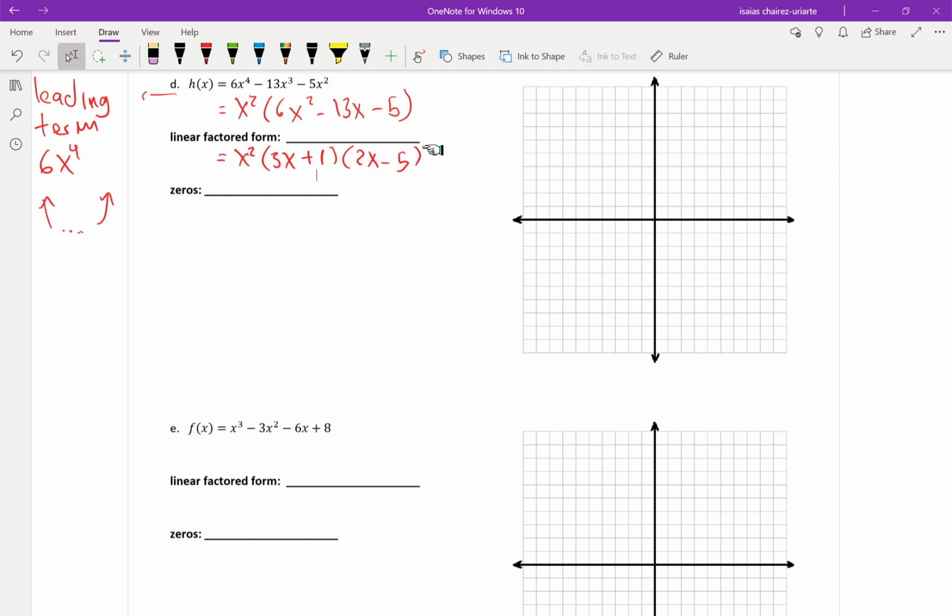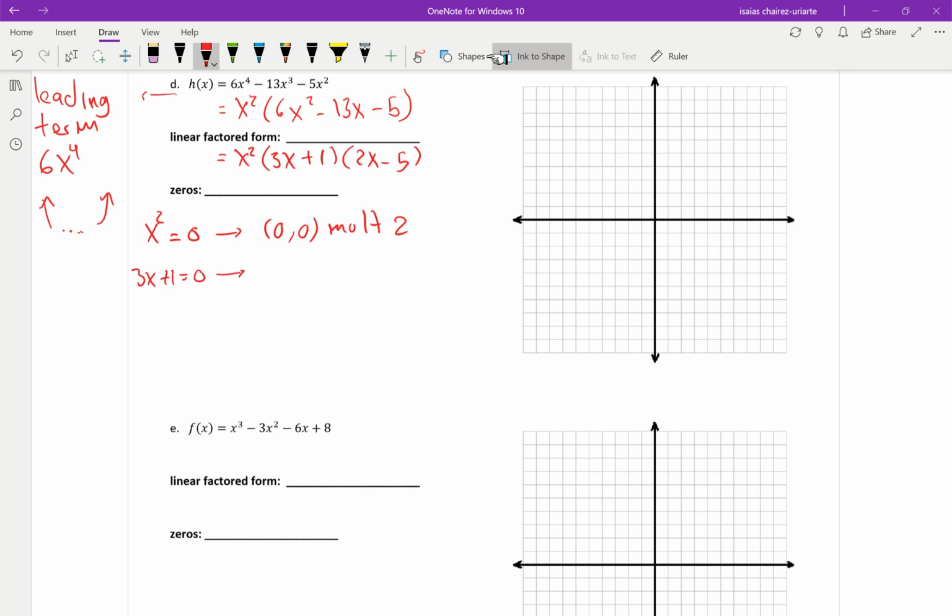Okay, and so then let me think about finding my x-intercepts now. This little equation will give me the following x-intercept, (0, 0), and the multiplicity is 2. Let me set this guy equal to 0.